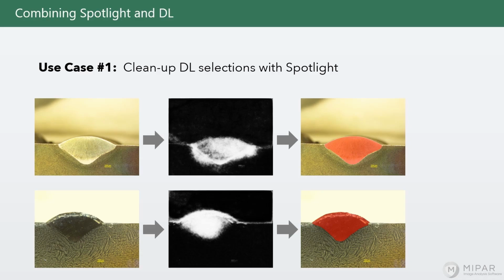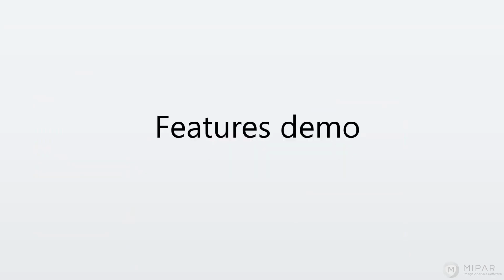I'll show in this example some adjustment of deep learning settings which are now possible in order to train the best possible model. And then you'll see how Spotlight can take the probability map suggestions in the middle here produced by the deep learning model and clean up the results for optimum accuracy and consistency. So let's get into the demo.